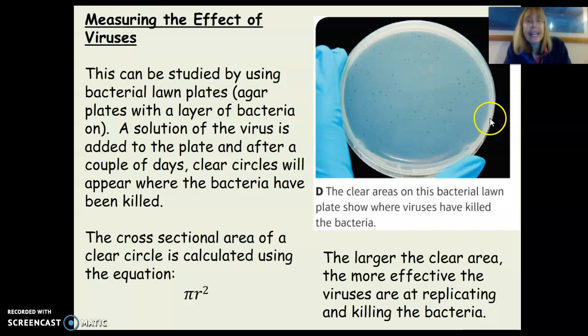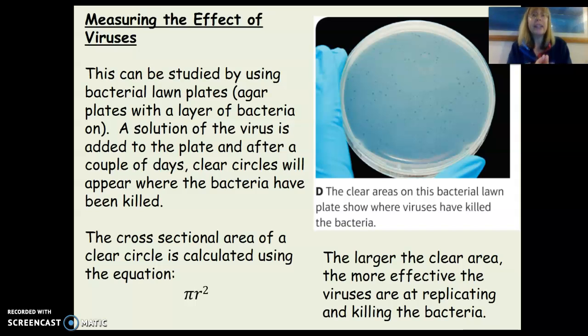So what we do is we take bacterial lawn plates, which is basically agar, a type of jelly that the bacteria grows on and gets all its nutrients, and we take a solution of the virus and we add it over. And after a couple of days of incubating, we have a look at the agar plate, and we are looking for any clear circles, because the clear circles means that the bacteria has died.